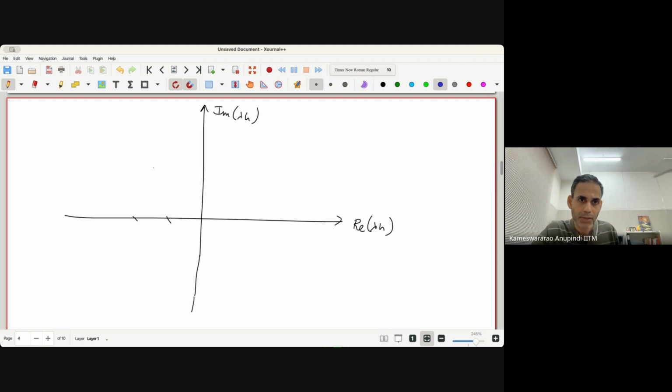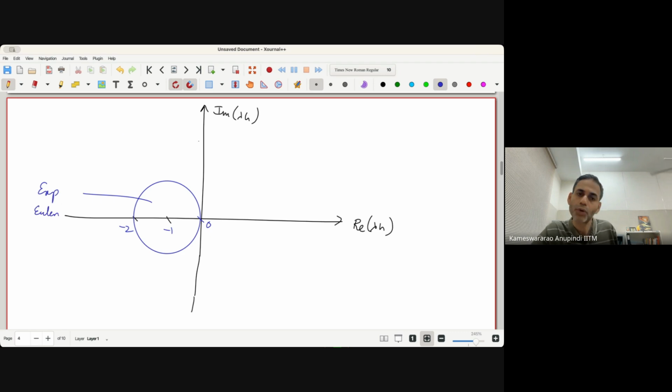Earlier we had this circle, which is for the explicit Euler. This is -1, this is -2, this is 0, and the circle is only tangent there. So this is for the explicit Euler.